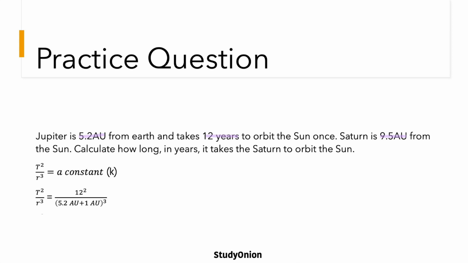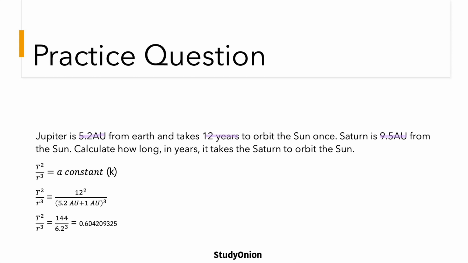And the reason I'm saying plus 1 AU here is because the question has said Jupiter is 5.2 AU from Earth. So we already know that the Earth to Sun distance is 1 AU. So you have to add on your 1 AU on top of your 5.2 AU in order to get the mean distance between Jupiter and the Sun rather than the distance between Jupiter and the Earth.